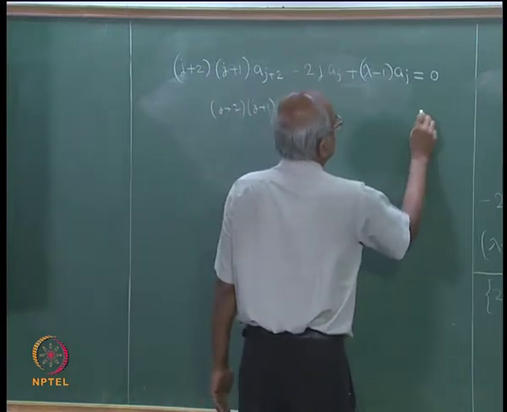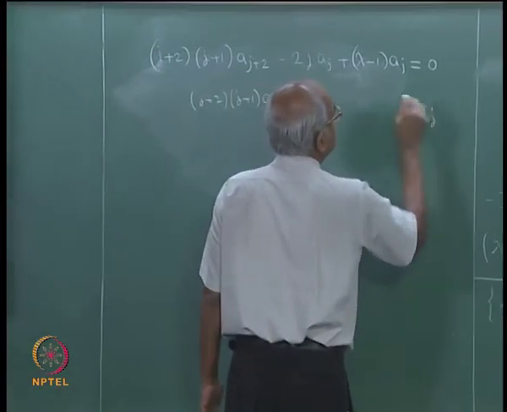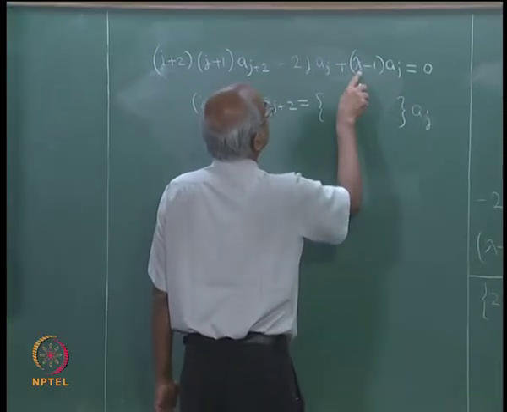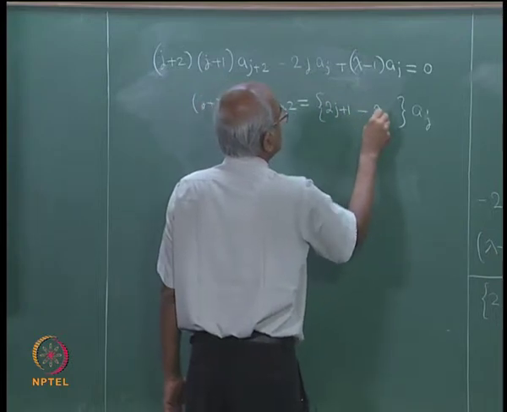So, I will take a_j outside, and what I will have left is 2j plus 1 minus lambda.